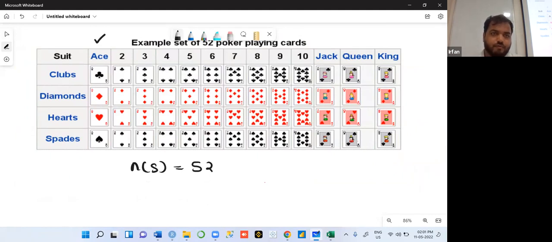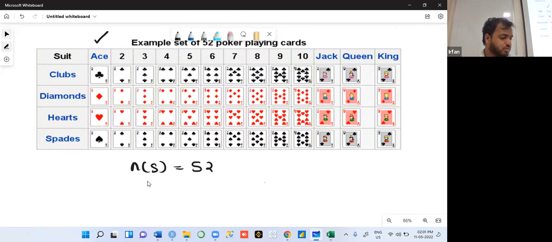How many aces we have? 4. What will the probability be? So 4 divided by 52. Clear? Should I solve?